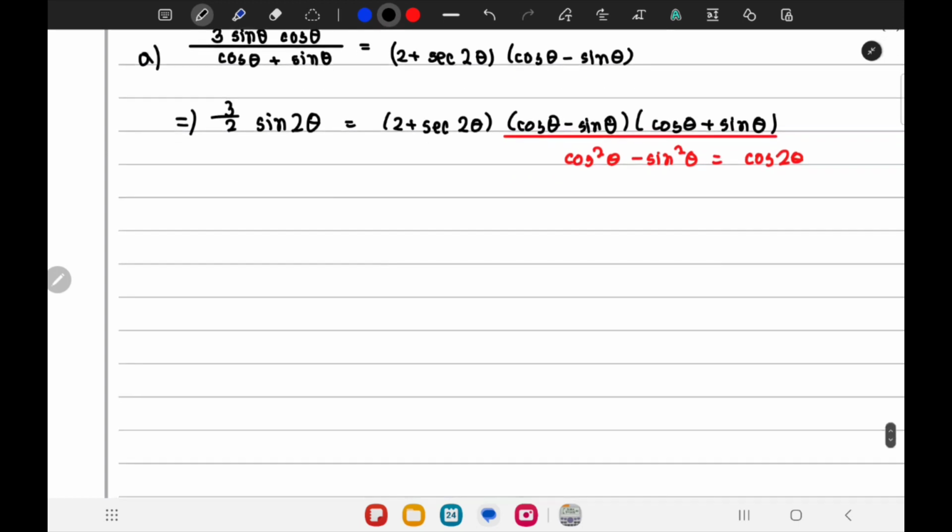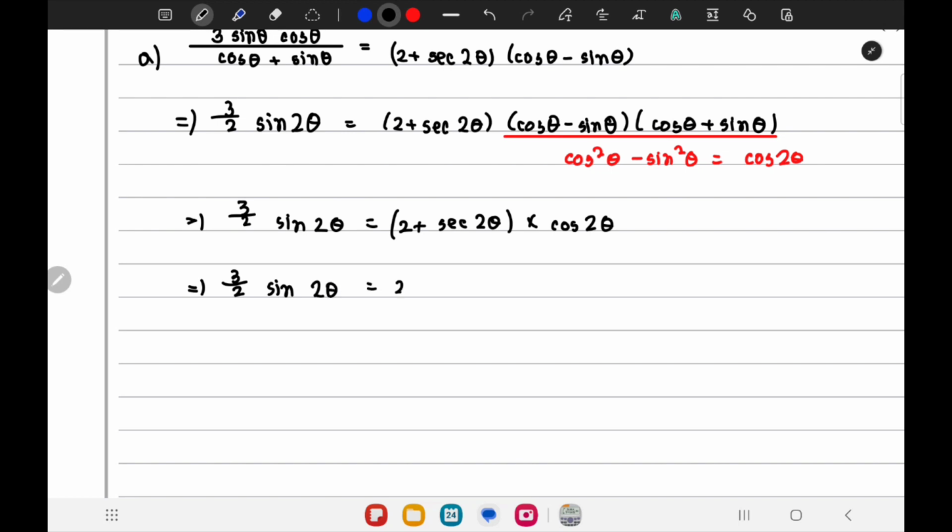The next line will go 3 by 2 sine 2 theta equals 2 plus sec 2 theta times cos 2 theta. So 3 by 2 sine 2 theta on this side equals 2 into cos 2 theta plus sec 2 theta. Sec 2 theta is 1 by cos 2 theta times cos 2 theta. So the cos 2 thetas will cancel out over here.